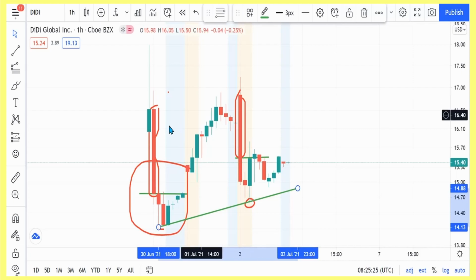But here the first one is a no A pattern, which is a weakness sign, and the second one is also a no A pattern, which is also a weakness sign. When we have two weakness signs, that means it's even. So at the support, it's an even strength. We don't say two weaknesses make it weaker. No. The arithmetic, or rather the matrix, is that when the first pattern is a no A pattern and the second one is also a no A pattern, we conclude an even strength. That means it may or may not break this down trend line.